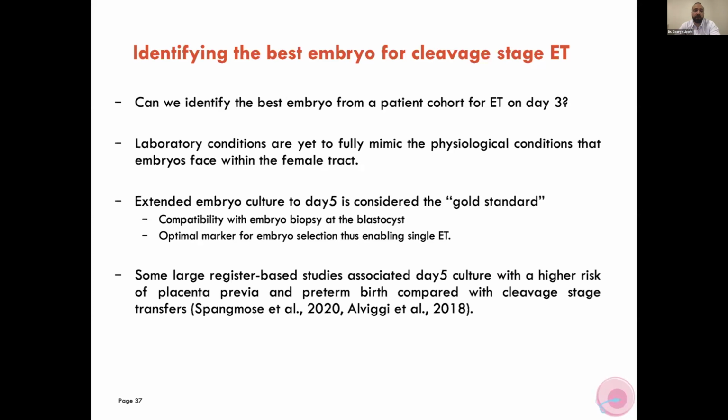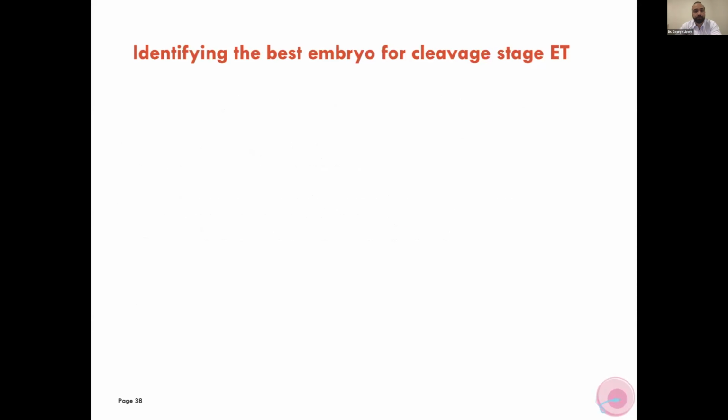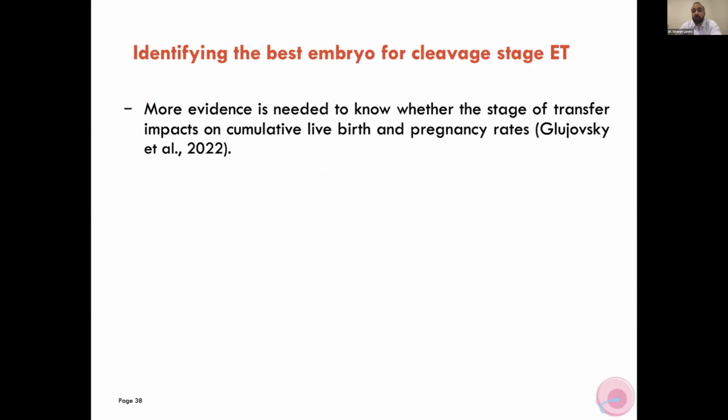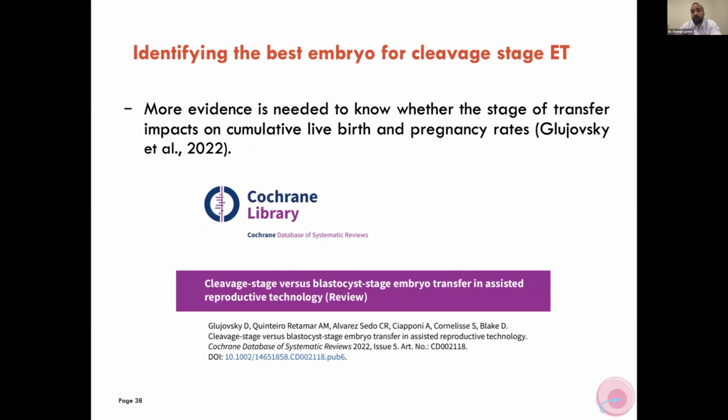However, there are some large register-based studies that associate day 5 culture and extended cultures with a higher rate of placenta previa and preterm birth compared to cleavage stage transfers. And when it comes to comparing cleavage stage to blastocyst transfer, there is not enough evidence to suggest that cleavage stage is superior to blastocyst.